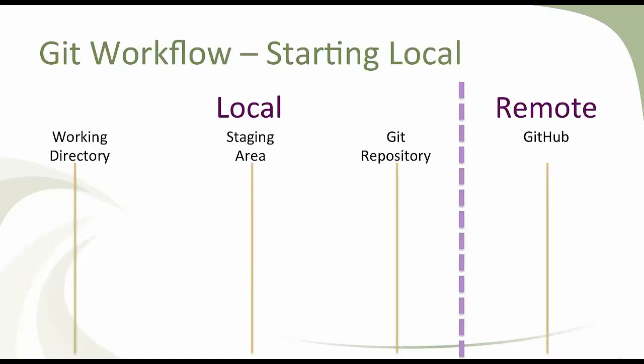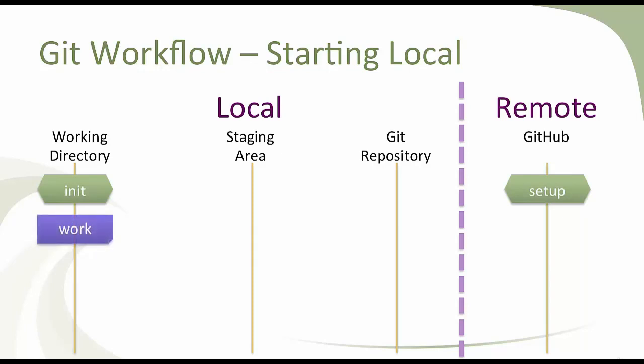There are 2 ways to start a Git workflow. One is local and one is starting remote. So for starting local, we're going to initialize our current working directory. And on the GitHub site, you can go ahead and set up your GitHub repository. We're going to do some type of work here, so either editing files or creating new files in our working directory.